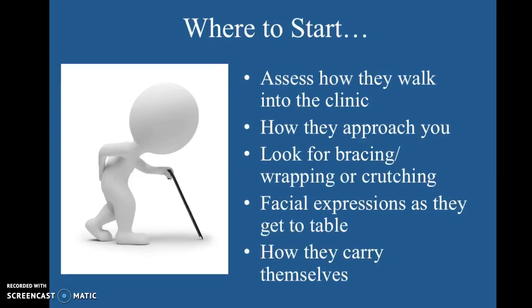So, where I start, when I have somebody walking into the clinic, I assess how they walk into the clinic, whether they're hunched over, whether they're limping, and then how they approach you for help. In some situations you're approaching them, hey, how can I help you? But sometimes they're asking for an eval. Also looking for any bracing, wrapping, or possible crutches that they might be using.